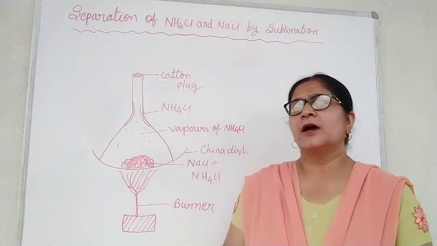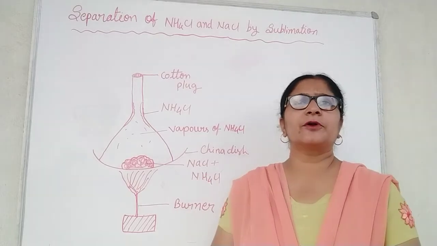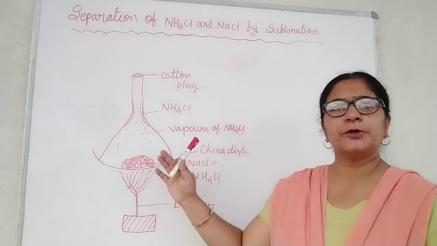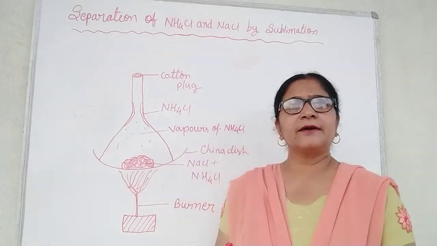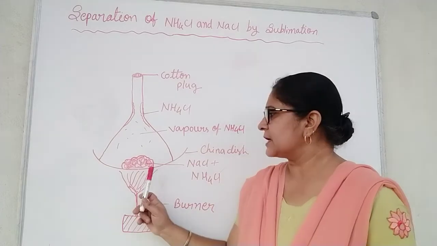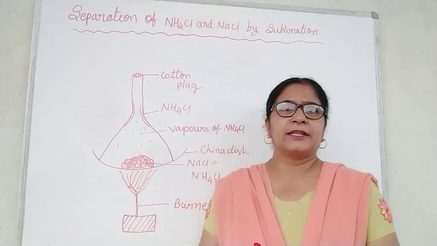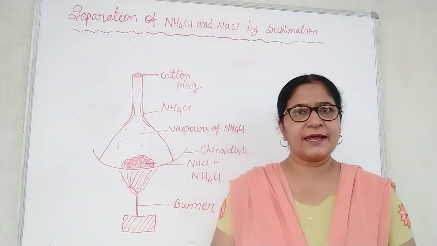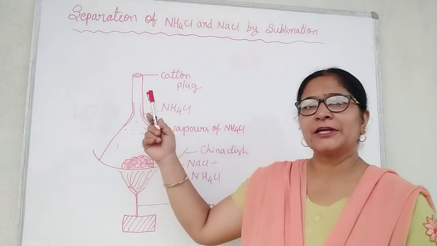Once again, this is the mixture. You heat it for some time, and you will see that all the ammonium chloride gets converted to gas and then back to solid, deposited here in the funnel, and the salt is left here. You can separate them easily.